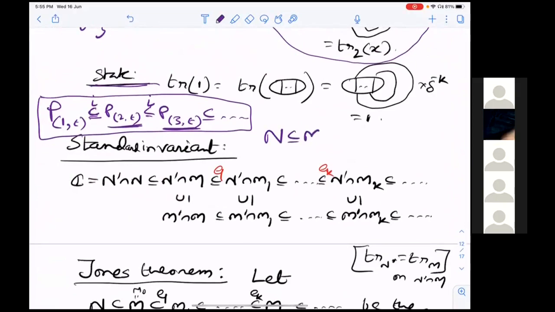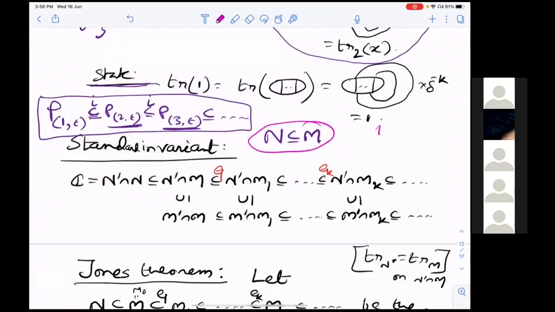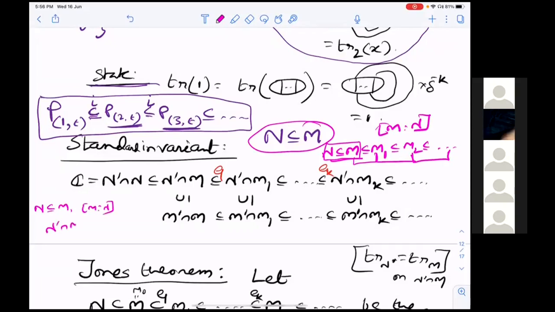So we have this subfactor N subset M of finite Jones index. We have this inclusion N subset M subset M_1. These are the Jones tower. From this old subfactor we get various new subfactors: M subset M_1, M_1 subset M_2, and it will continue like that. Recall we have proved that if this is a finite index subfactor, then N' intersect M is a finite dimensional C-star algebra.